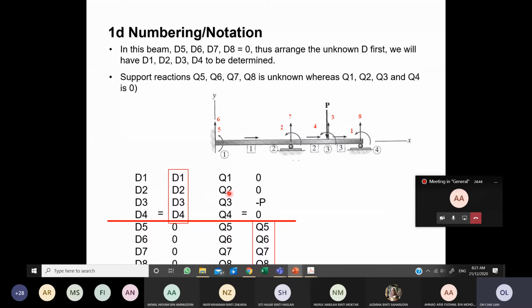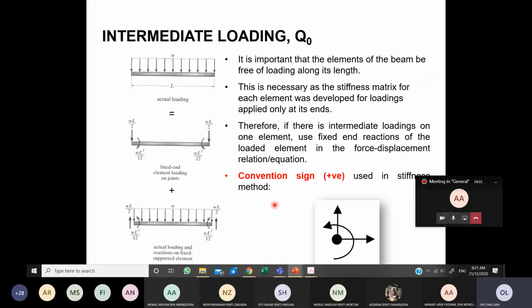And then Q will also be related to the loadings at the nodes. We also learned about the intermediate loading. Remember the statement that the beam or any element must be free from loading along its length.